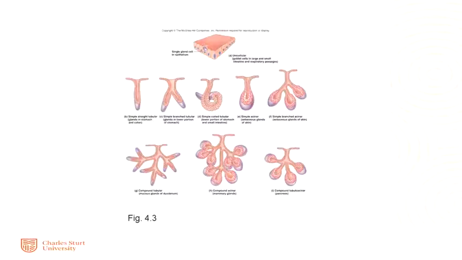Okay, so here we're just looking at a diagram that's showing you all these weird and wonderful looking glands. You can see right at the top, this is just a single gland cell in the epithelium.